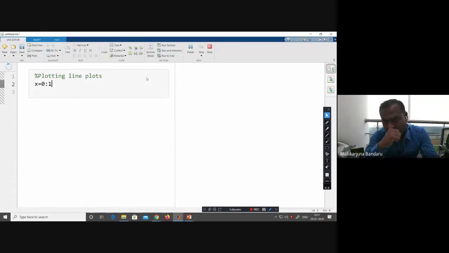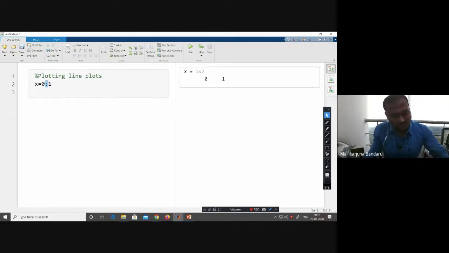Let us see what the output of x is equal to 0 to 1 is. We are getting 0 and 1, only the two elements. So observe here, this colon symbol actually gives only one increment, but you would like to make the step size 0.2. So then you can give it like this, with 0.2 step size.